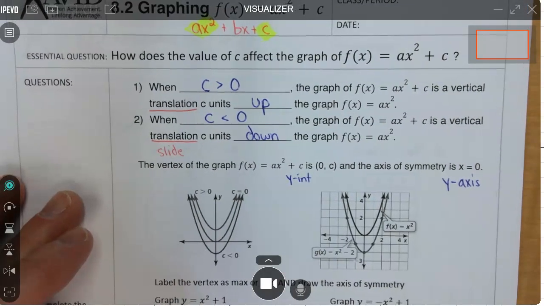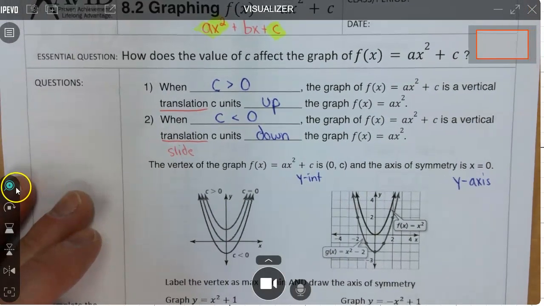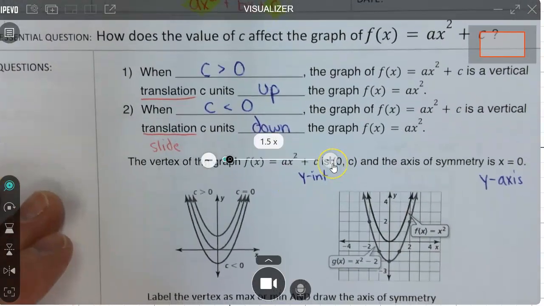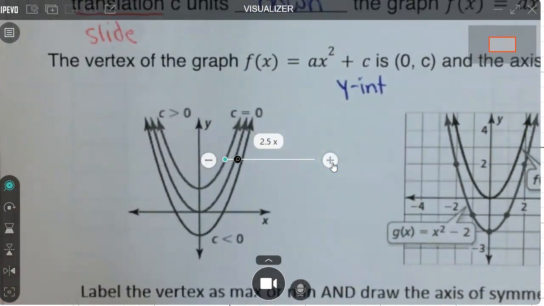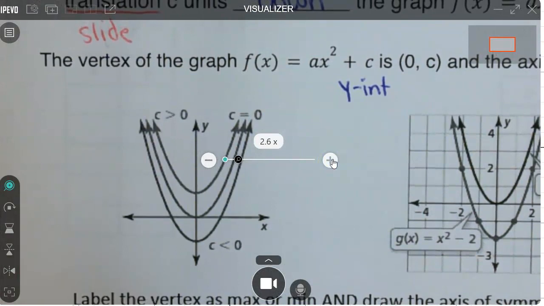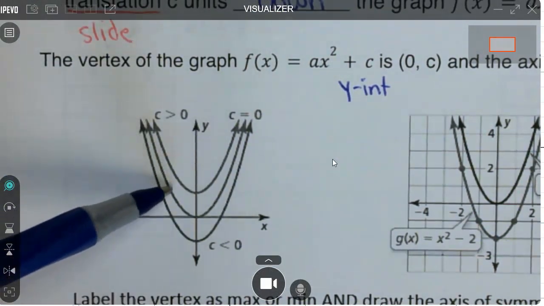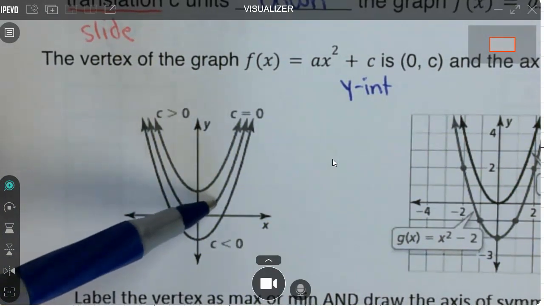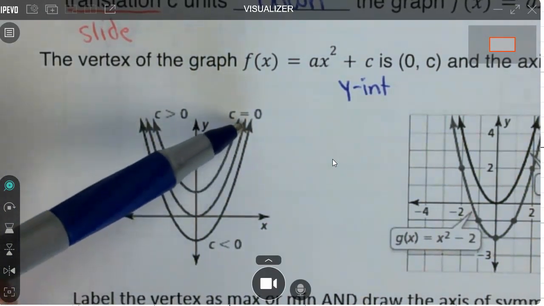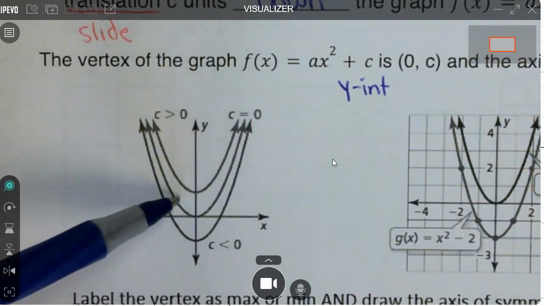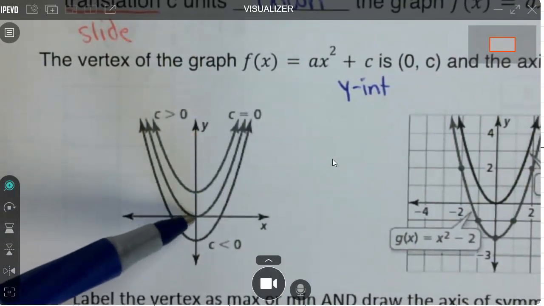So if you look at this first picture here, let's zoom in on this. We have these three different parabolas. And what you're looking at here is this middle one right here. That's the one we did the other day when the c was equal to 0. This is just ax squared with no b value and no c value.